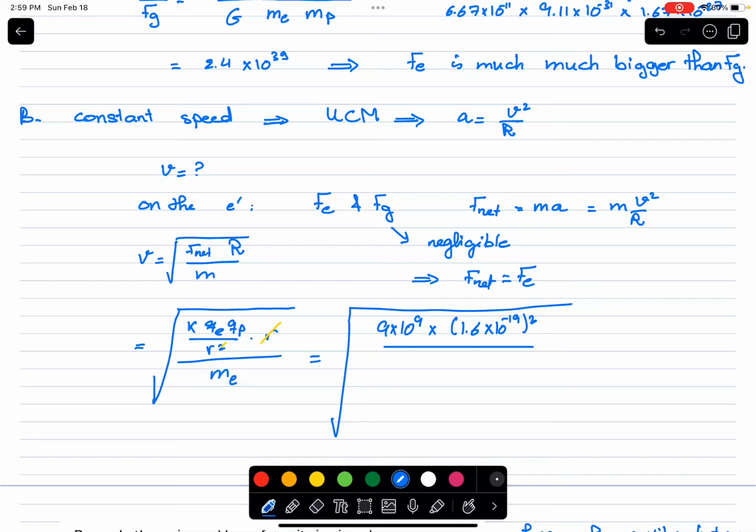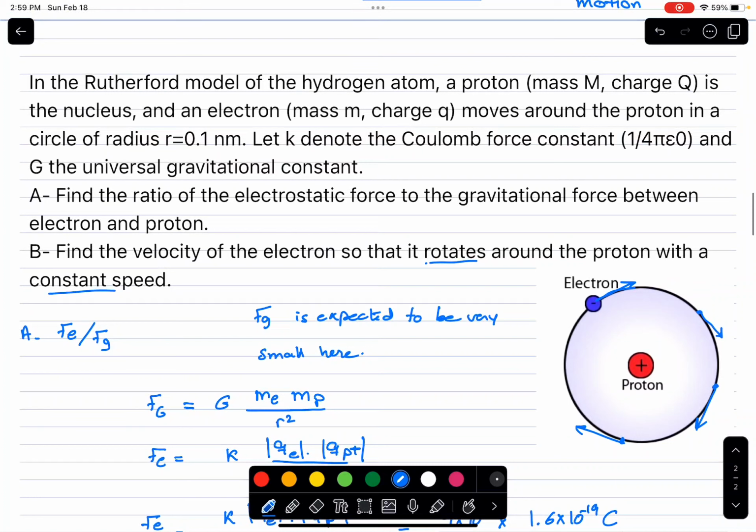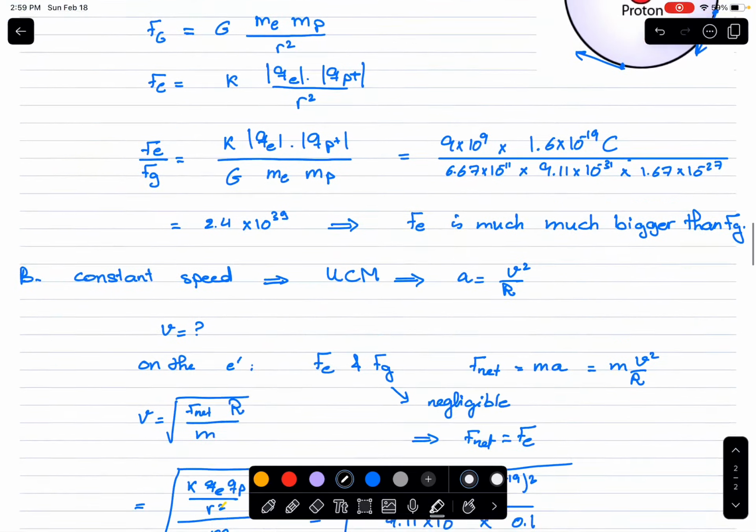So I will have in the denominator the mass of the electron, which is 9.11 times 10 power minus 31, times the radius, which was given to be 0.1 nanometer in our question here. So you can see that we're given this as our radius of the circular path taken by the electron.